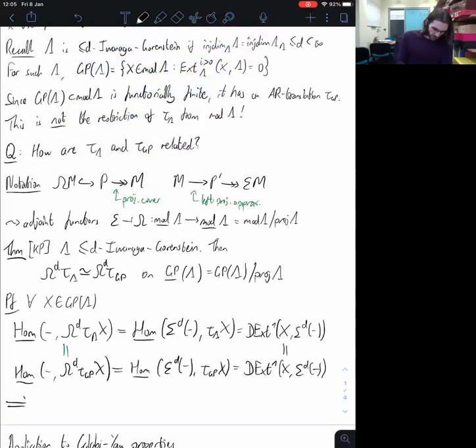And so then by Yoneda's lemma, these two syzygies of the translations are isomorphic. And every equality I wrote down is coming from a natural transformation of functors. So this isomorphism is natural in X.